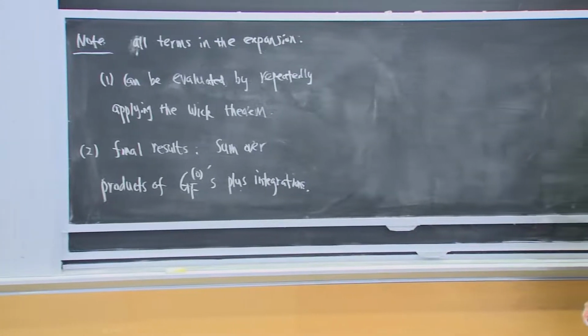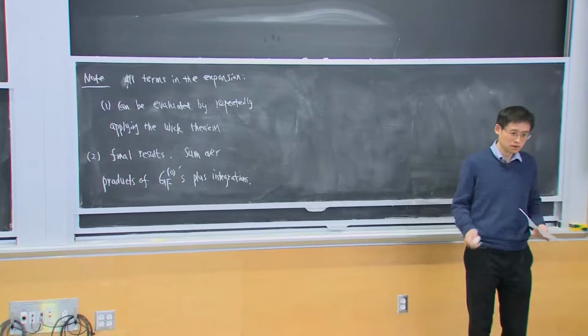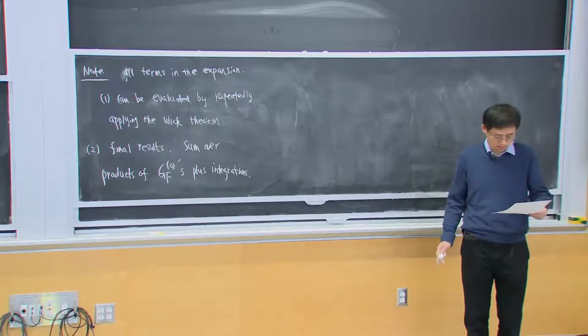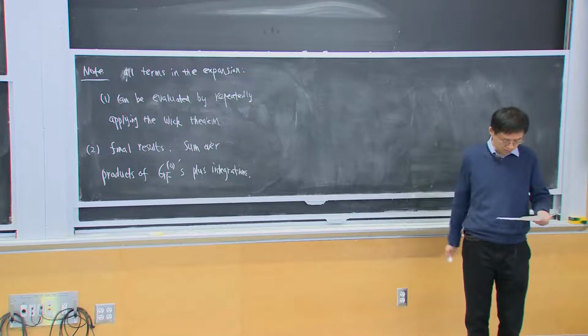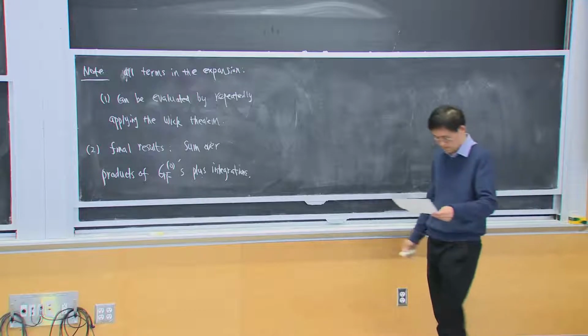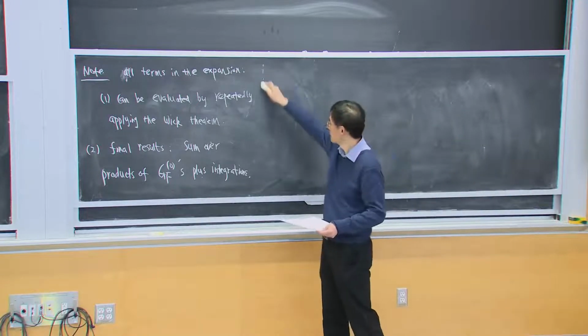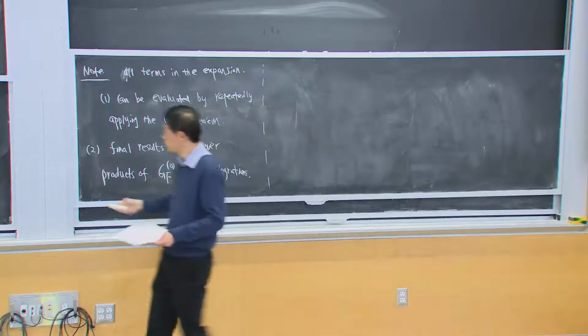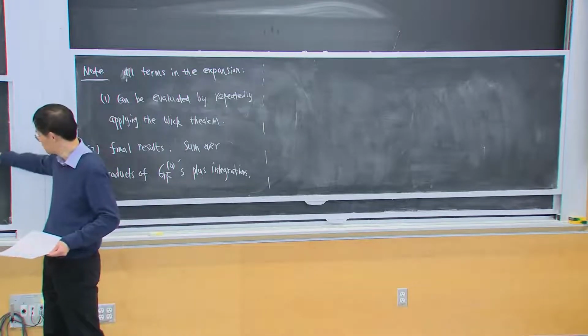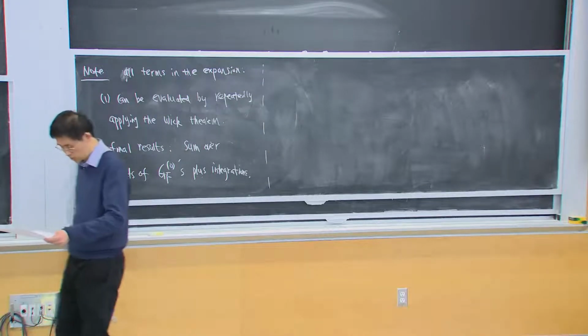So the structure in general is pretty simple. They all just reduce to products of those 2-point functions. Now, as an example, let's evaluate these two pieces.